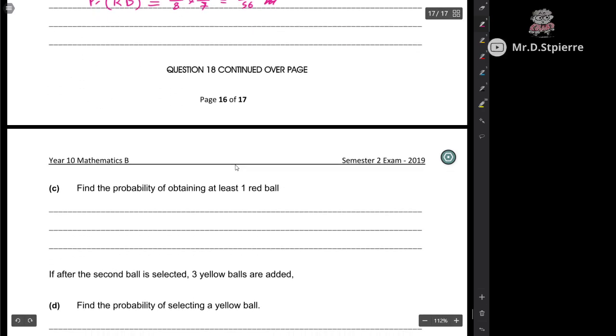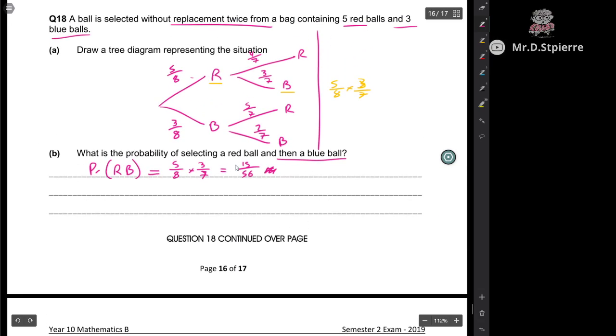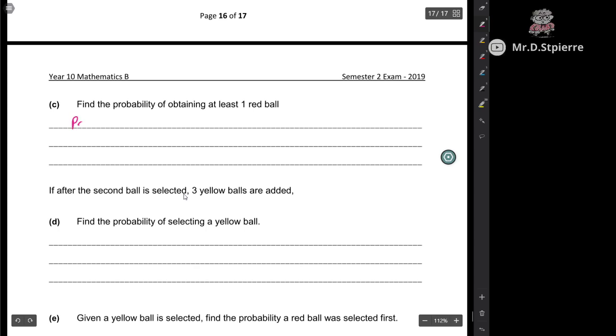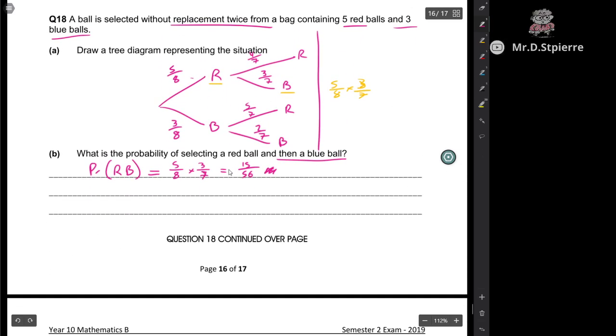Find the probability of obtaining at least 1 red ball. So at least 1 red. Probability at least 1 red is equal to all the combinations that have 1 or more red balls.